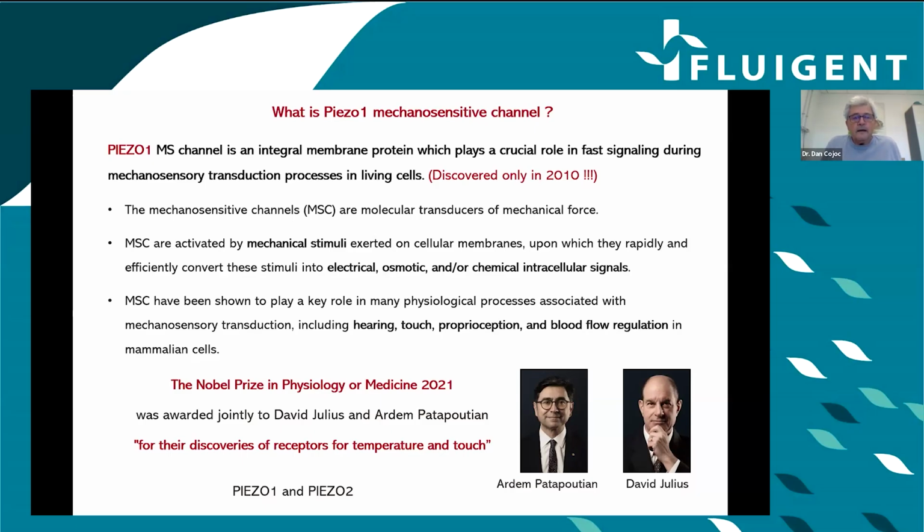Piezo1 is a mechanosensitive channel, an integral membrane protein, which plays a crucial role in fast signaling during the mechanosensory transduction process in almost all living cells.